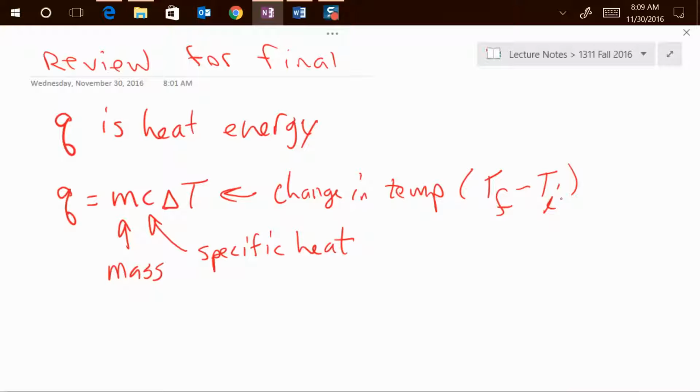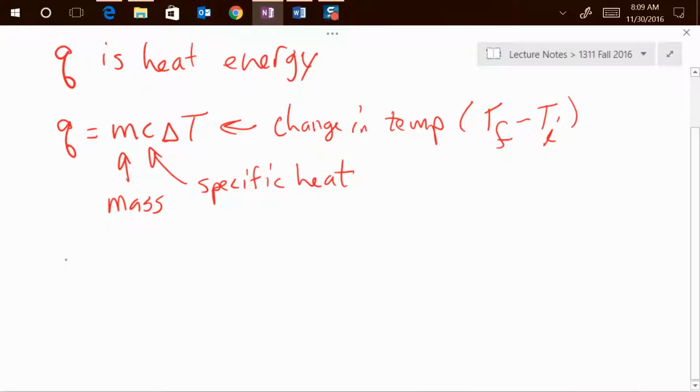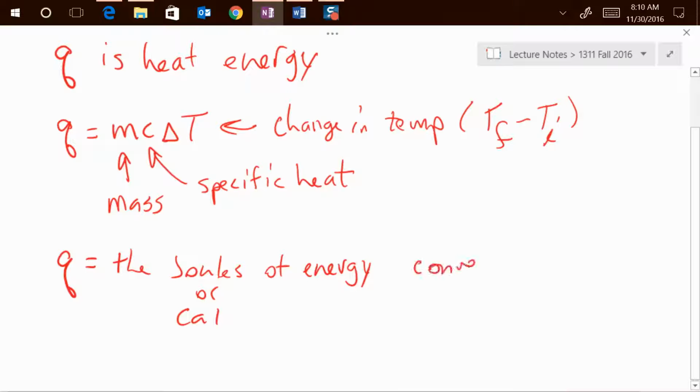Okay, so this answer will be given in joules. So Q will equal the joules of energy, or calories. Okay, and then you often need to convert that to kilojoules.